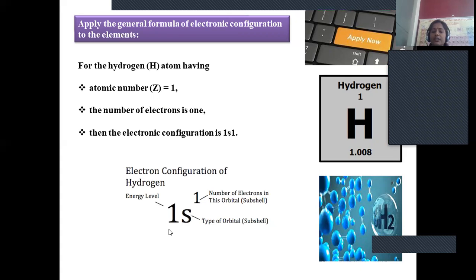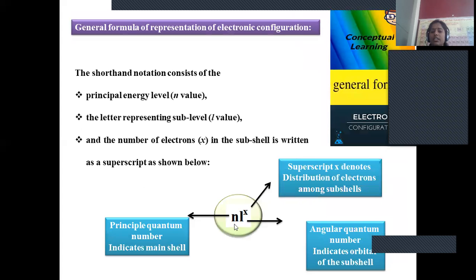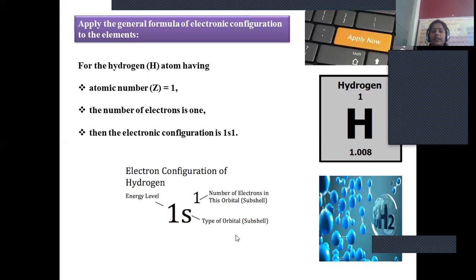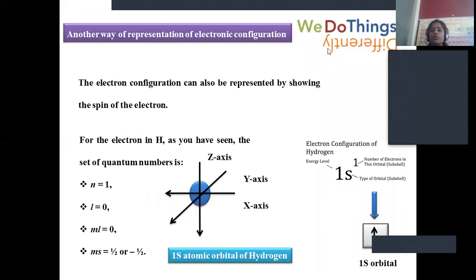So it is a generalized representation. Just now we discussed how we can denote its electronic configuration: main shell followed by subshell followed by superscript distribution of electrons. So this will be the electronic configuration of hydrogen in accordance with the generalized formula NL to the power X, right?